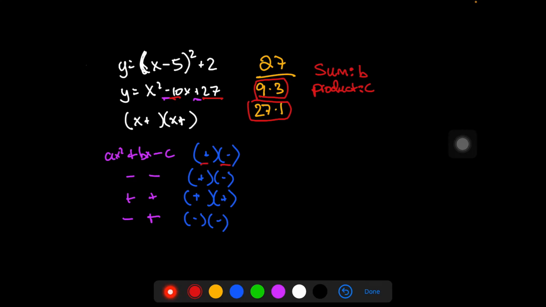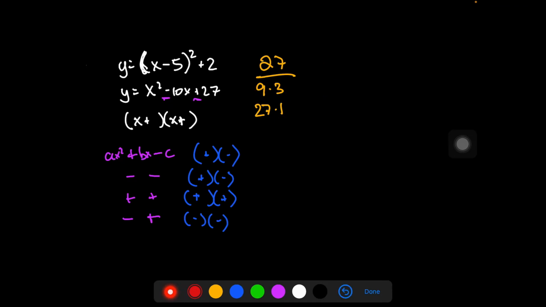Here we're going to be working with minus minus because we've got minus plus. The absolute value of 9 plus 3, or negative 9 minus 3, is 12, which is not 10. And then the absolute value of the sum of 27 and 1, whether negative or positive, is 28. So we've got 12 and 28, which is not equal to 10. And so this is solvable maybe through the quadratic formula, but it's not easily solved just by simple factoring.